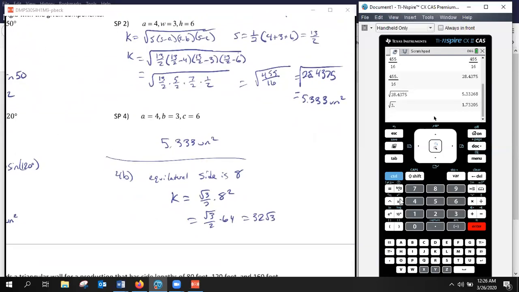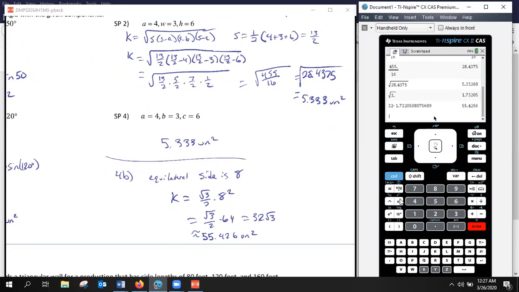And once again, I don't want to leave that just as a decimal, so 32 times, and we just happen to have the square root of 3 up here, so type that in. That's where we get 55.426 units squared. Sorry to change a problem like that, but I don't want to use the same problem over and over again.